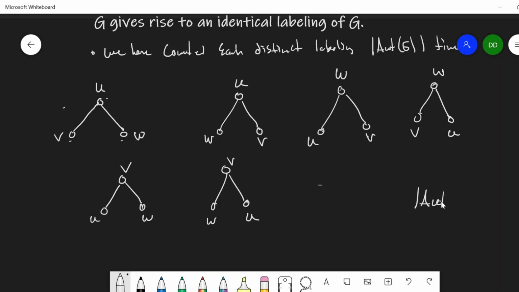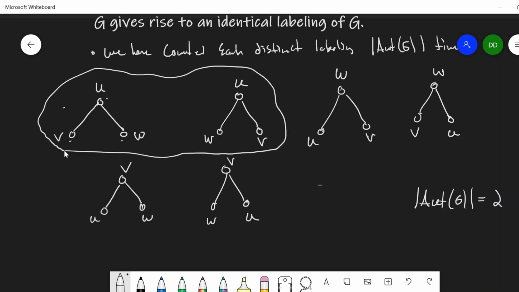The order of the automorphism group of G was equal to 2. And we'll notice that since we have this automorphism, these, U, V, W and U, W, V, are the same labeling, right? Because there exists an automorphism that swaps V and W. And so these 2 are really the same labeling. And there are exactly 2 of them, one for each automorphism, the identity and the swapping of these 2 vertices.